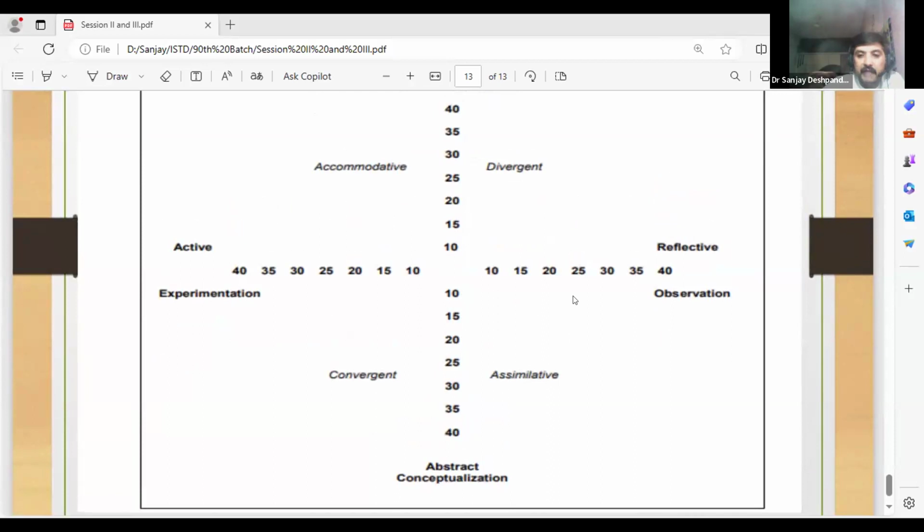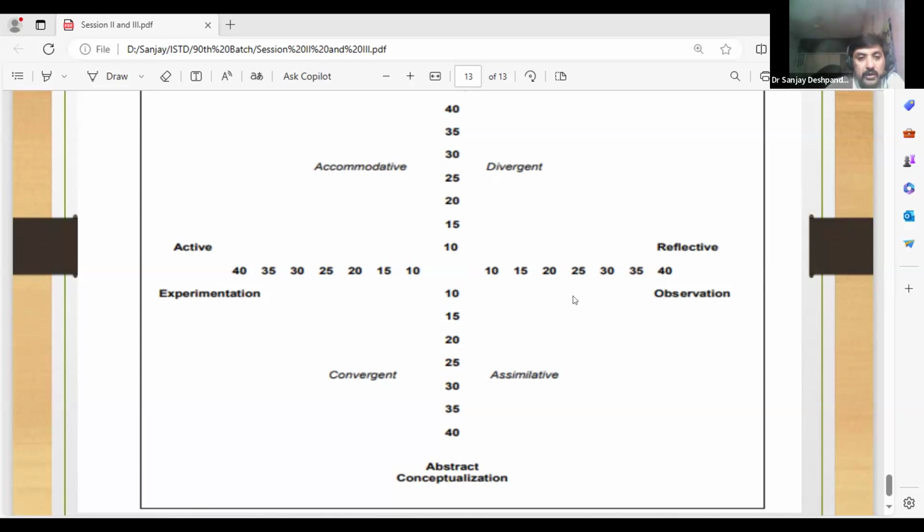Some people have one very dominant style of learning. Some people have equal shades of all, some people have mixed shades of all. So it depends upon various factors: our personality, the way we are brought up, our culture. All these factors influence our learning.